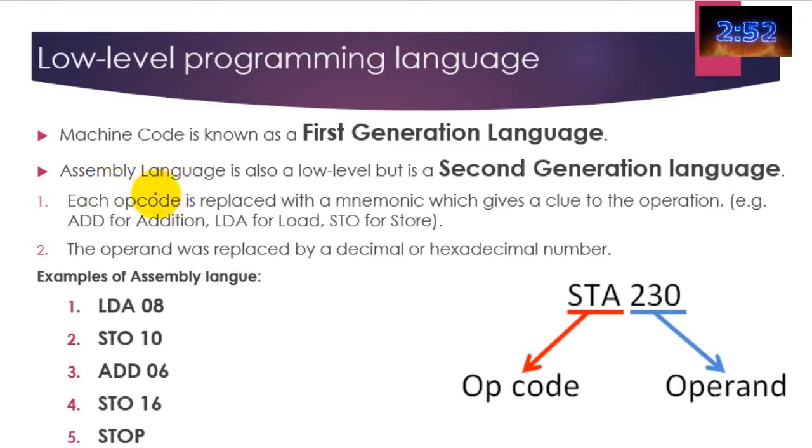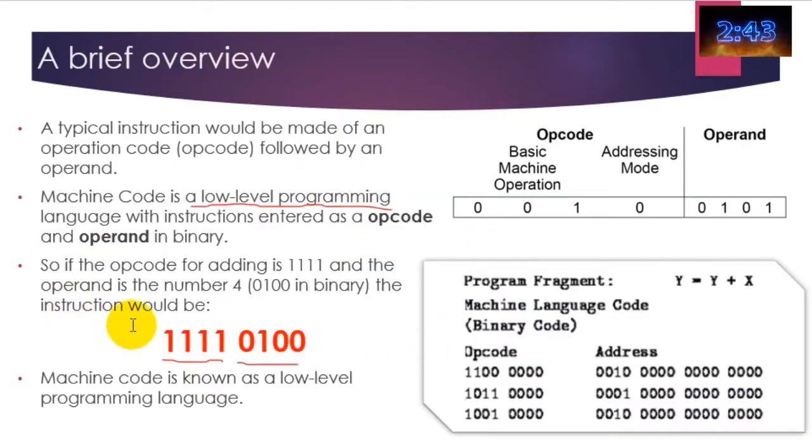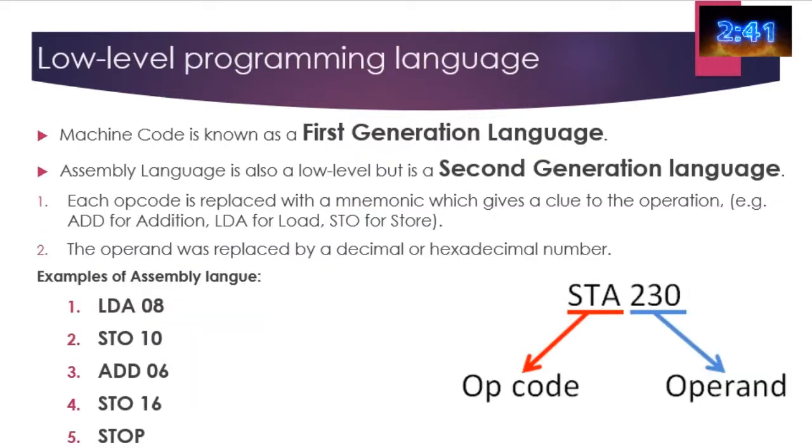assembly language. Now each opcode is replaced by a mnemonic which gives a clue to the operation. So whereas before we had add 4, over here we've got something similar except that we've got a 3-letter mnemonic which kind of resembles the thing it does, and then next to that is the actual operand which could be pointing towards a register or an area of RAM or indeed within itself.